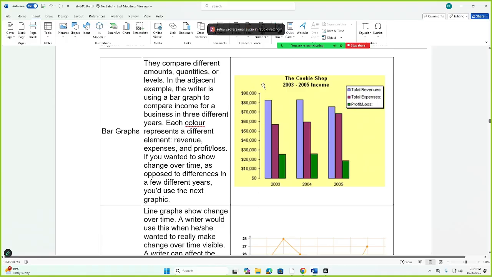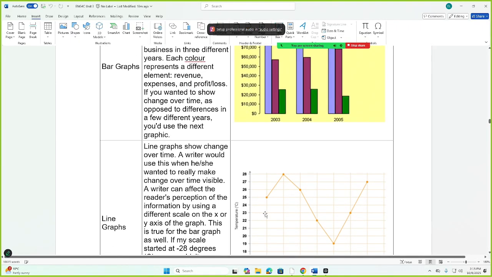This is called the y-axis, the scale going from the bottom to the top, and then the x-axis would be from left to right. But in this case, we have the values starting at 0 and then in 10,000 increments up to 90,000, as you can see there.